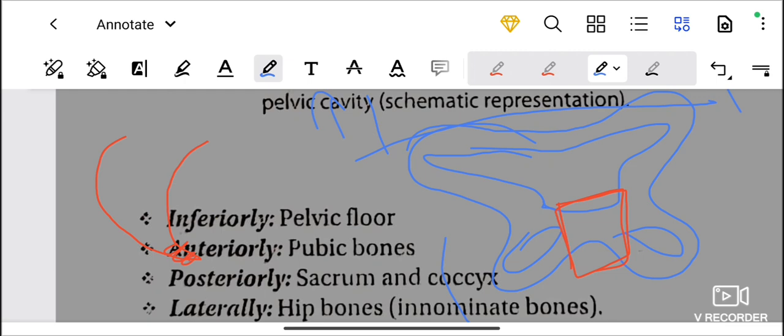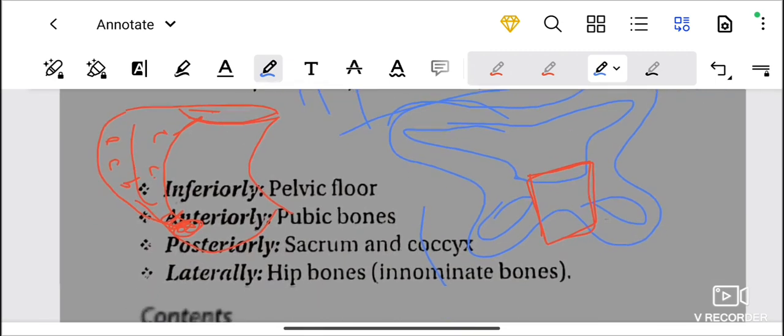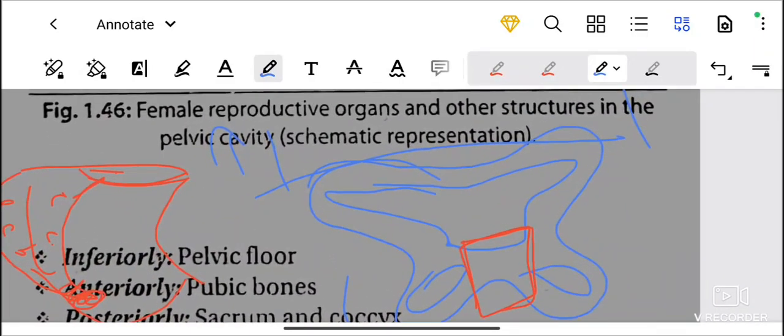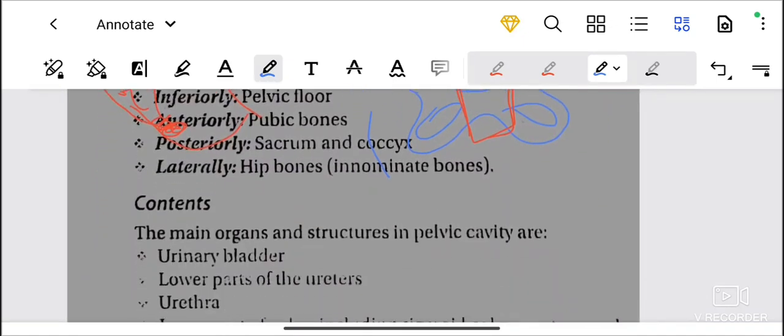Here the coccyx will be present, and this is the sacrum, the posterior part of the pelvis. Laterally we can see the lateral hip bones, the innominate bones.